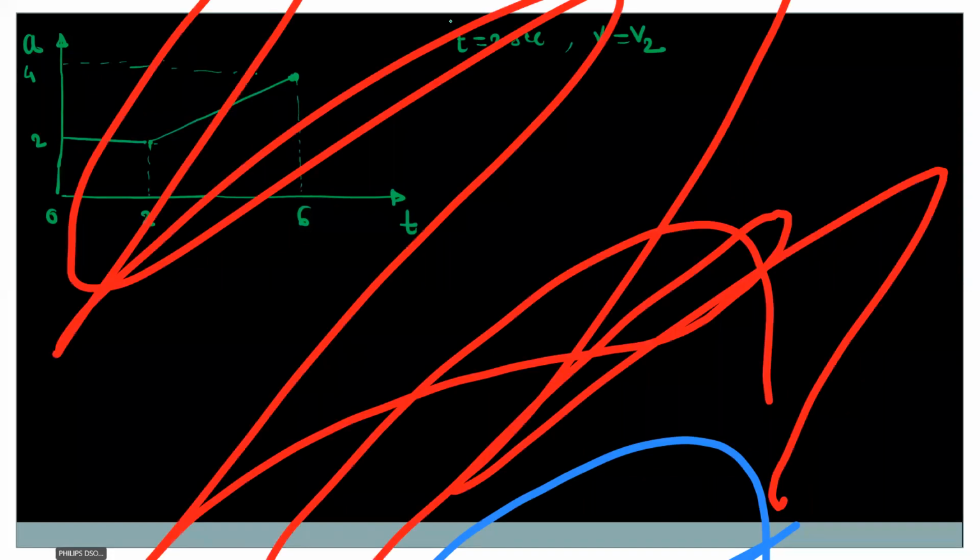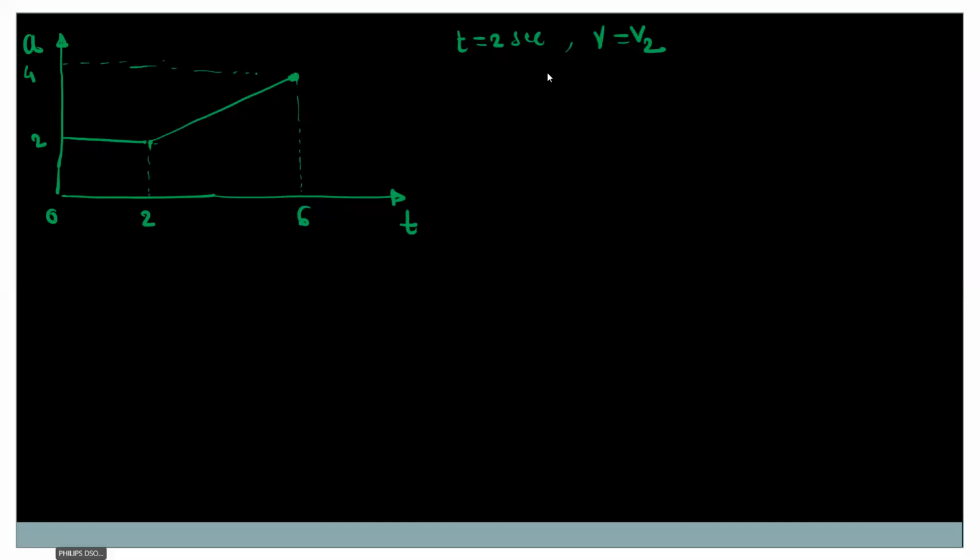Okay, and suppose the initial velocity is given, which is at t is equal to 2 seconds, velocity v2 is equal to 2 meter per second.